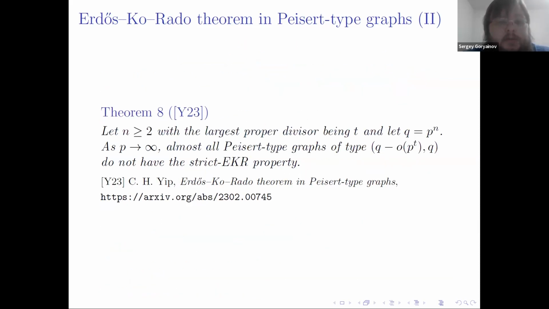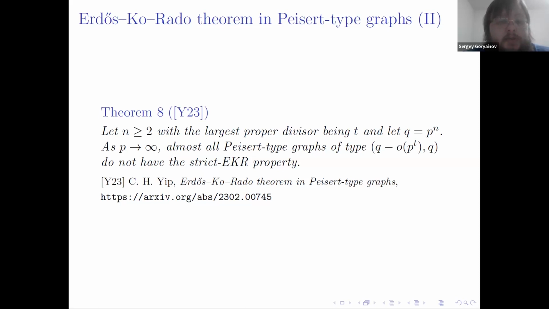And one more theorem. Let n be an integer greater than or equal to 2 with the largest proper divisor being t, and let q equal p to the power of n, so p is prime.